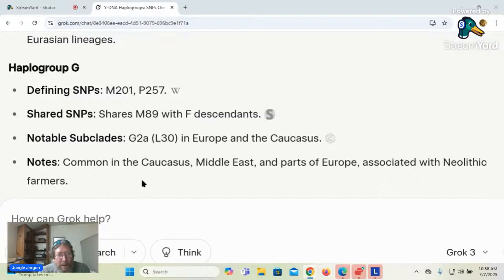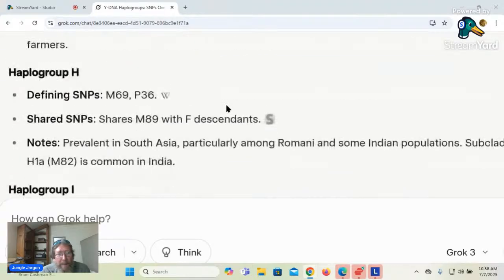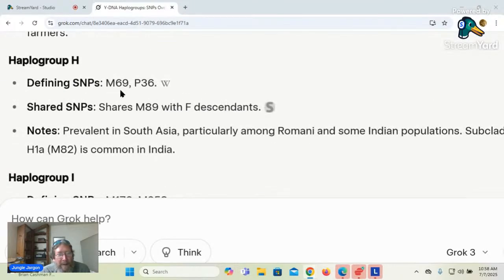So then you go to H, this thing will cooperate. Its shared marker is M89. So they're all sharing the same S&P marker.